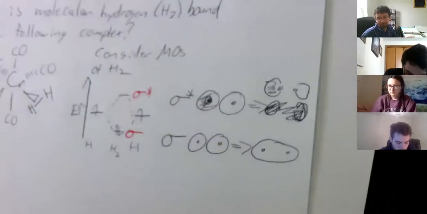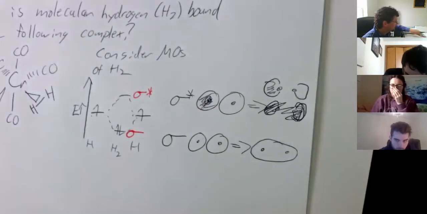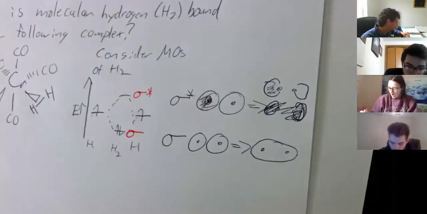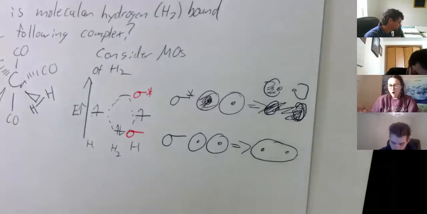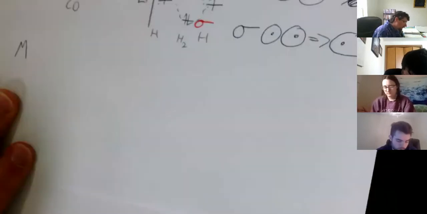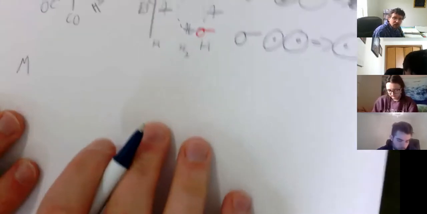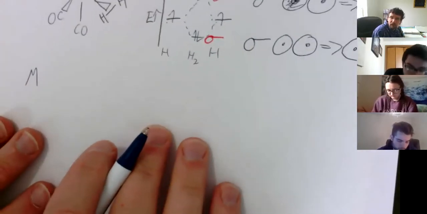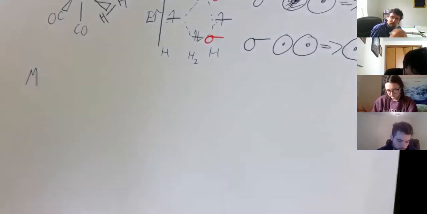Like that. Okay, now let's consider how they'll interact. So now what I'm going to do, we're going to draw those types of interactions, and then we're going to determine what type of interaction it is.